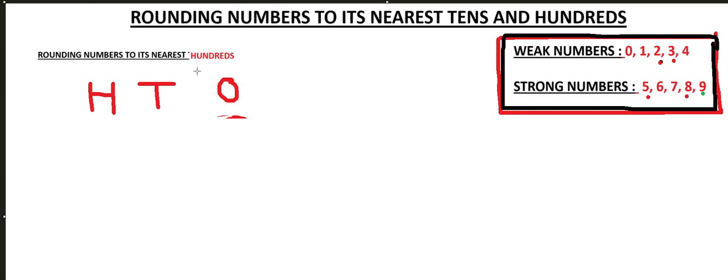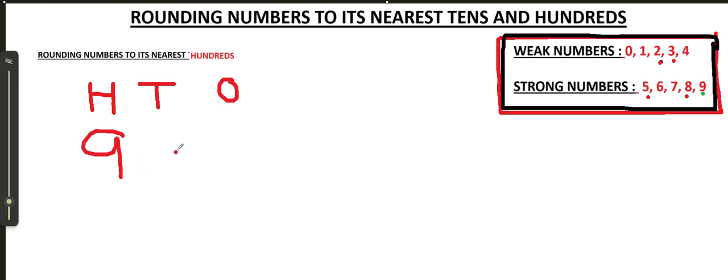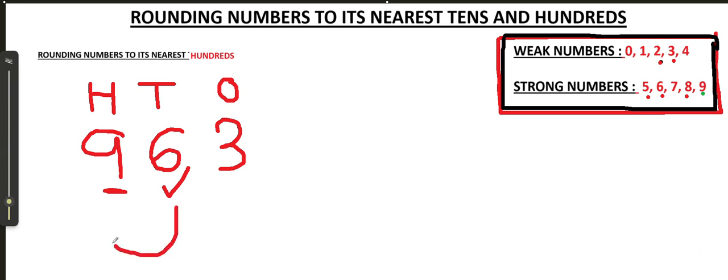Well, our next example would be 963. You can definitely pause the video over here and try to do it by yourself and then check the answer at the end. So we have a question, 963. We are going to round off that number to its nearest 100. So we are going to underline the 9, but look at 6, which is to the immediate right of that number. So that 6, as we can see from here, is a strong number. This 6 is using all its might to push 9 into a 10, and it will be successful in doing that because 6 is a strong number.